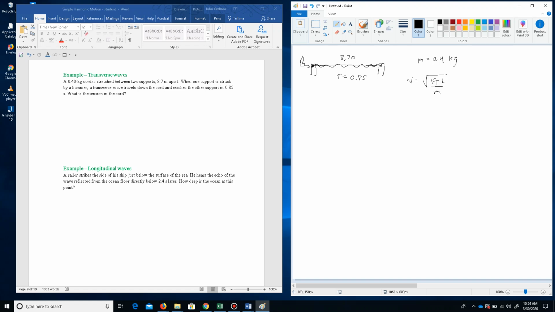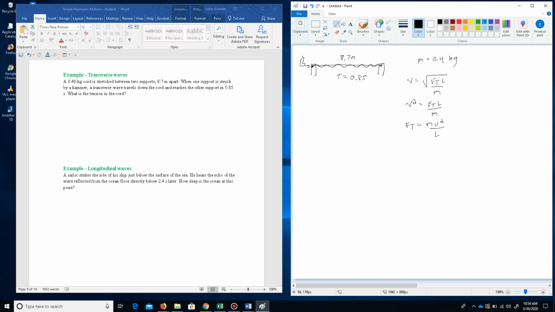So I'm going to solve this for tension, and then we'll plug in the numbers. So I'm going to square both sides. Then multiply by mass, divide by L. So mv squared over L. And that's now our equation for our tension.